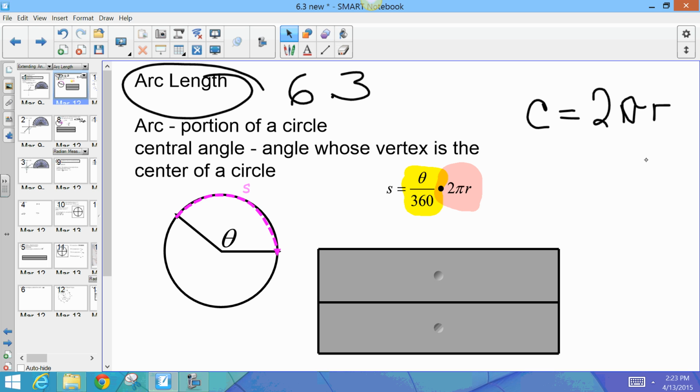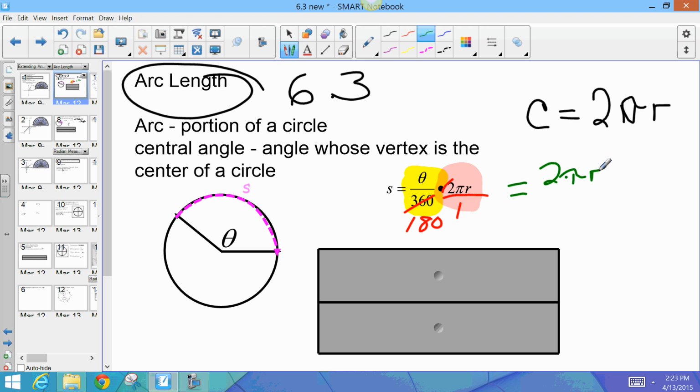Now, that formula we've just come up with on our own is not in simplest form. If you put this in simplest form, you can cancel a 2 out of top and bottom. Then do top times top, and theta times 2 pi r is 2 pi r theta, and on the denominator I've got 180, since I canceled this 2.